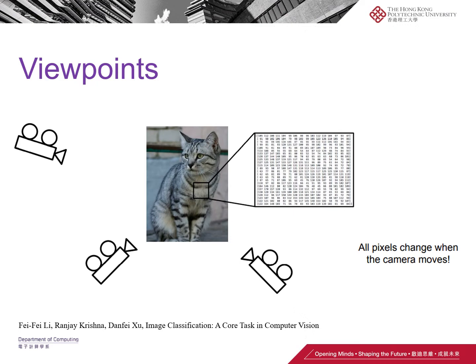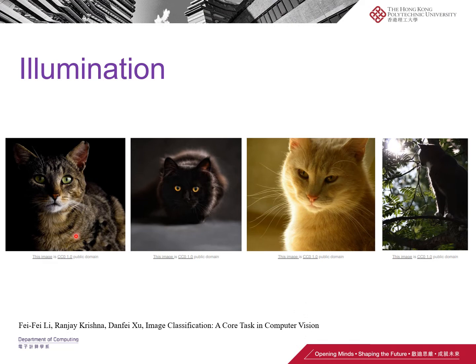As we have introduced, even a tiny motion of the camera will cause a significant change of the image, because the image is coded with numbers, and a slight change will cause a significant change of those numbers. It happens to illumination as well. When the light becomes a little bit darker or brighter, it will cause a significant change of the values of pixels. So it affects a lot.